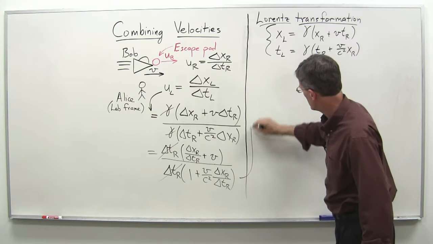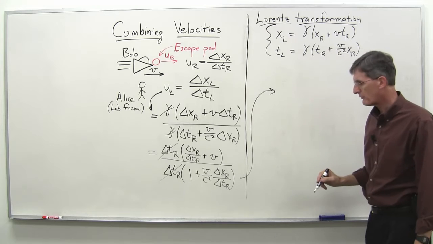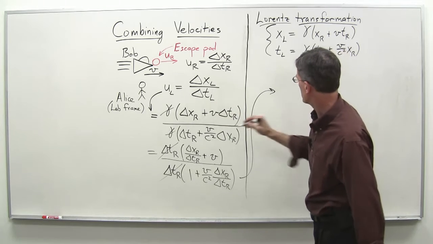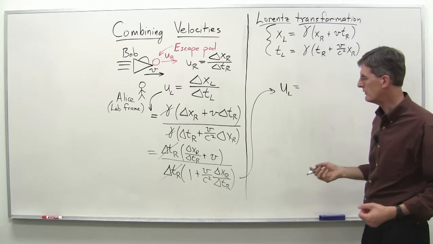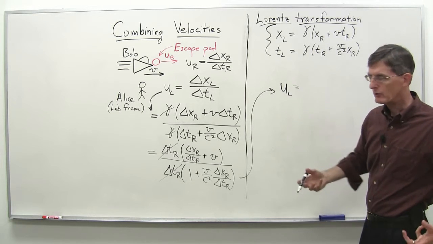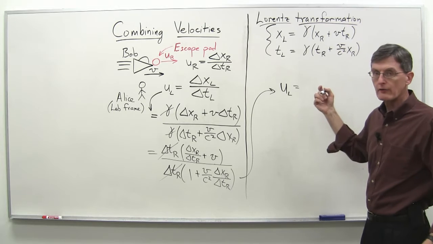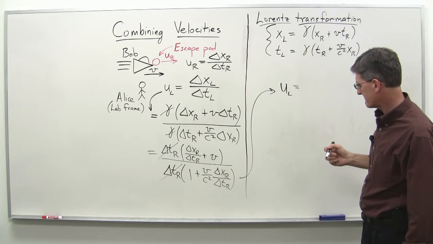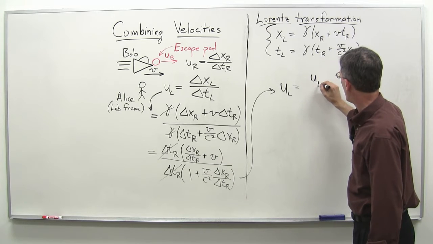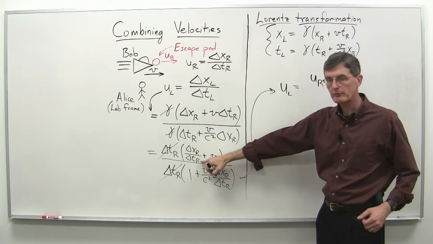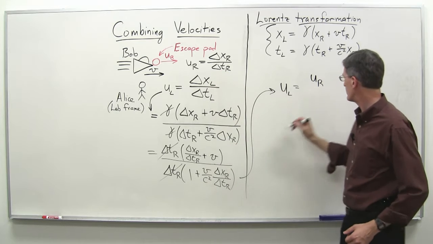So this comes up here. And what have we got? We'll just rewrite u sub L here. Remember, this is the velocity that Alice sees of the pod, the escape pod, in her reference frame. So I've got u sub L equals, on the top, this is just u sub r, by definition, delta x sub r over delta t sub r, plus v.